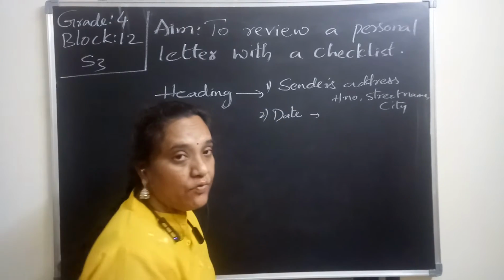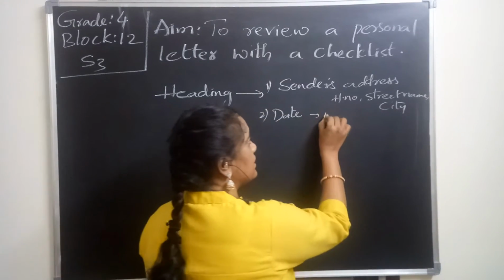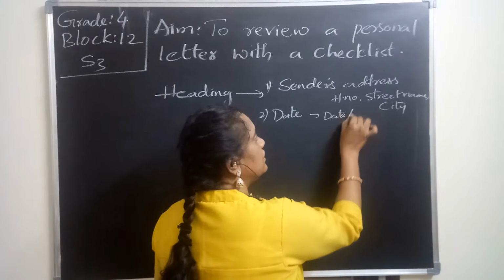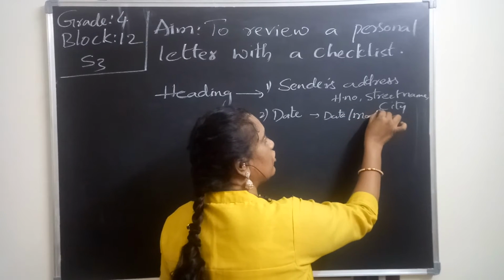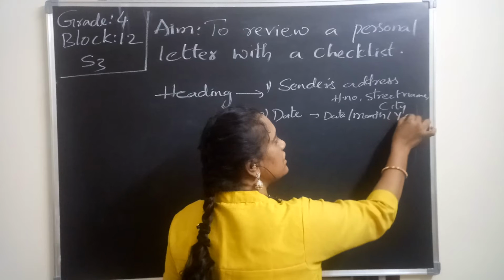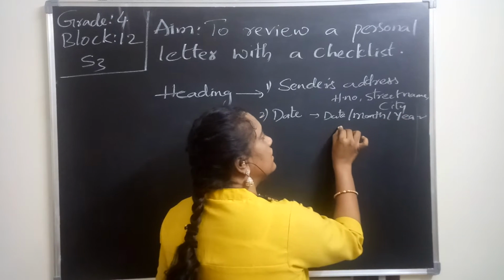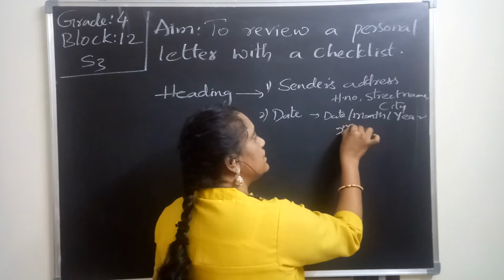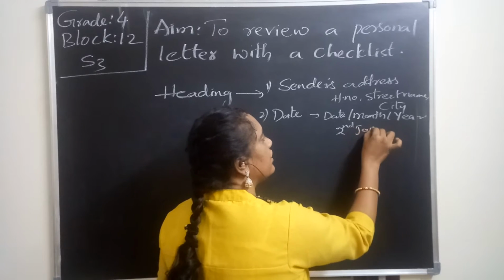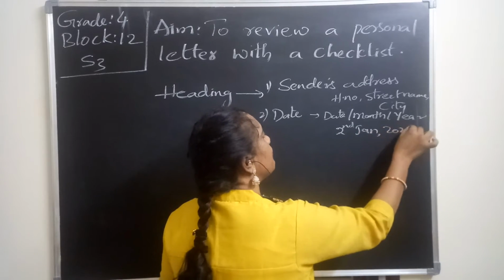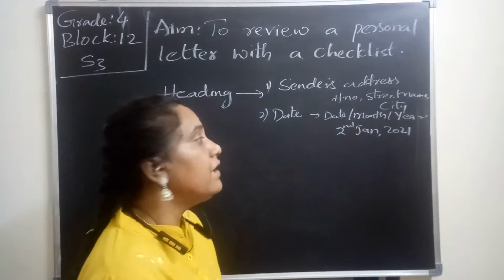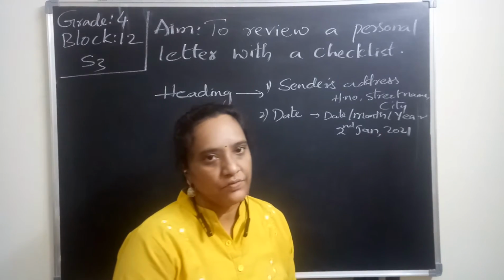In the date, the format is first the day, then the month, then the year. In this format, like 2nd January 2021. In this way we can write the date.